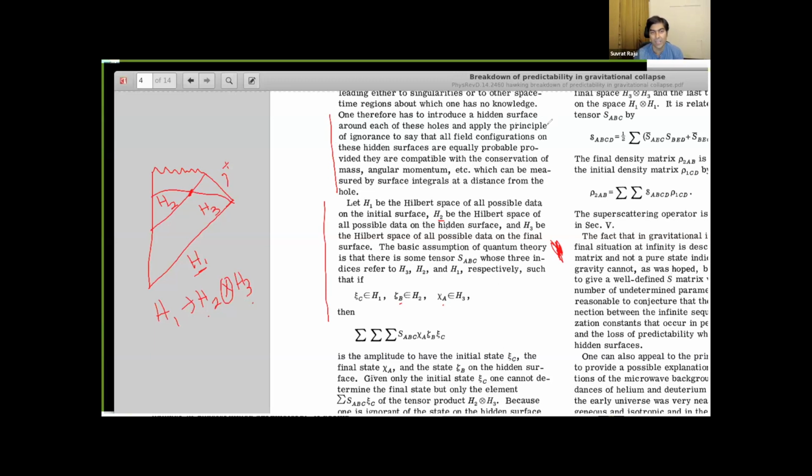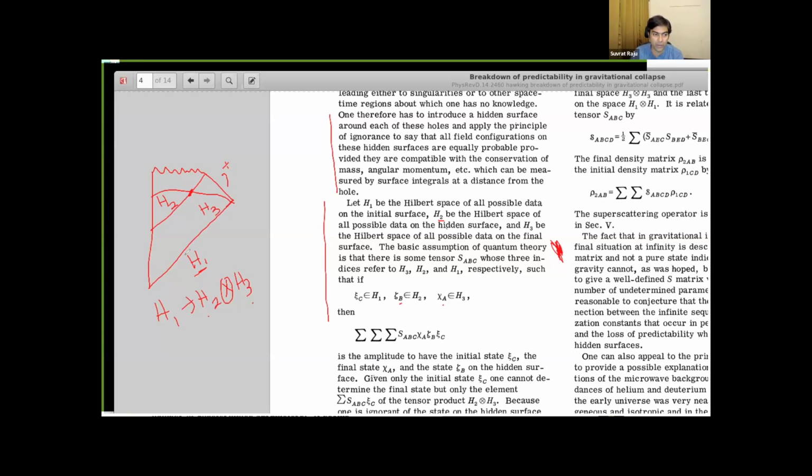It says that in the classical theory, all you can know as an observer outside is the mass, charge, and angular momentum. Therefore, he says the observer who's making measurements in H3 must trace over H2 with equal probability because they have no information about H2.